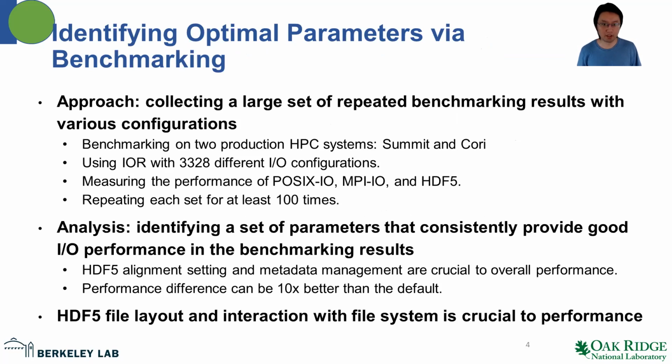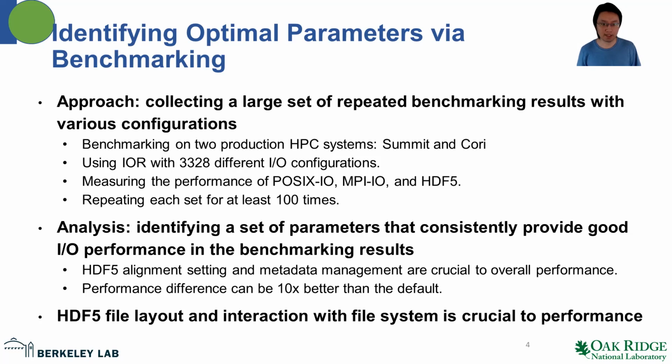We use IOR, which is a popular I/O benchmark, and we configure it with 3,328 different I/O configurations to represent a broad range of I/O patterns. We then measure the performance with these patterns using POSIX I/O, MPI I/O, and HDF5. We have repeated each set of experiments at least 100 times to avoid system noise.